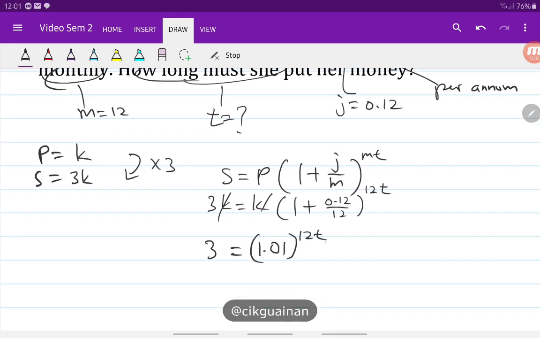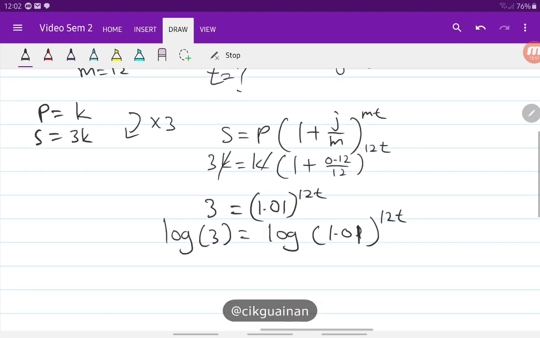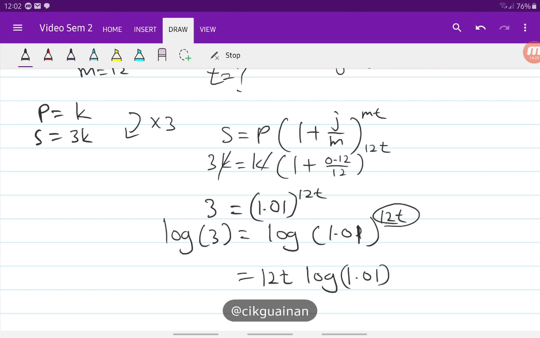The problem is to figure out this t, but we can use logarithms to solve it. So we log both sides. We use base 10, naturally; if you want to be more natural, you use the natural log. From here we know this power can be brought in front. So 12t log 1.01 equals log 3.